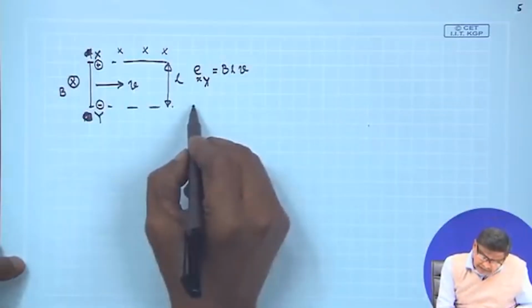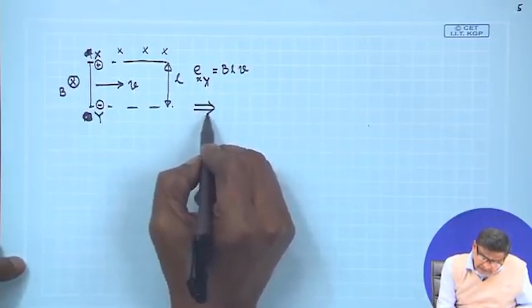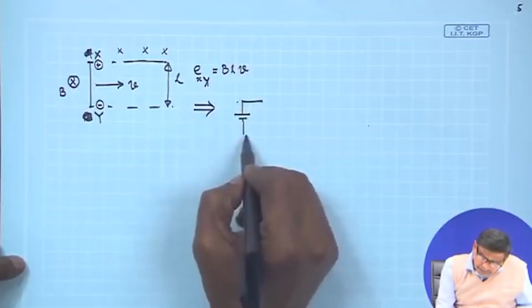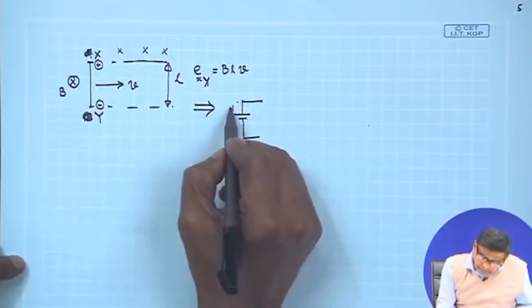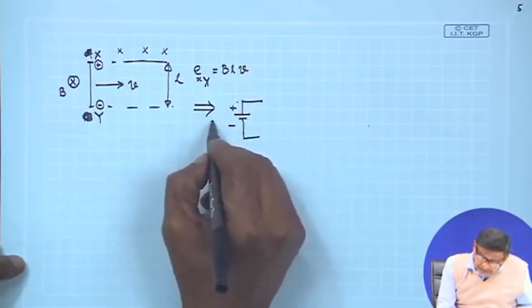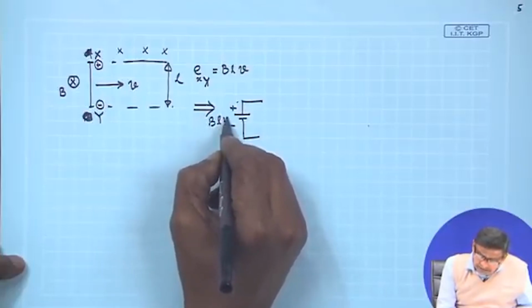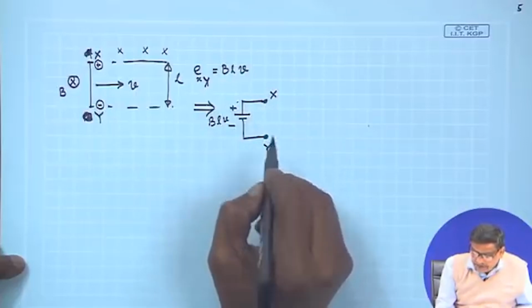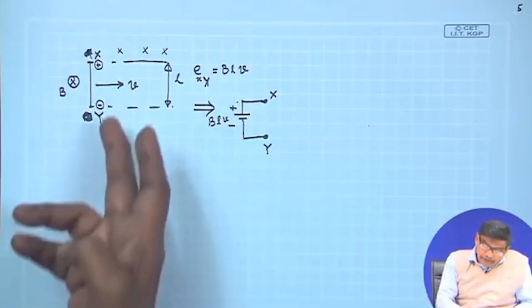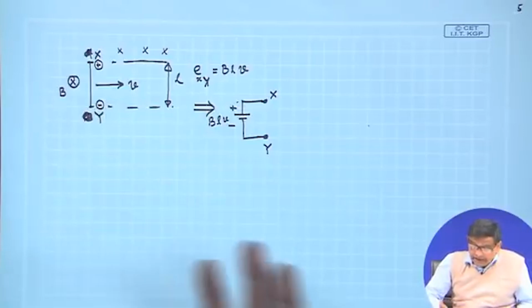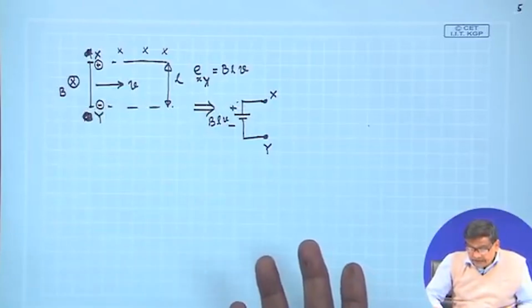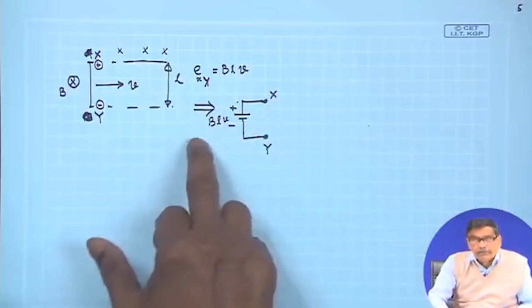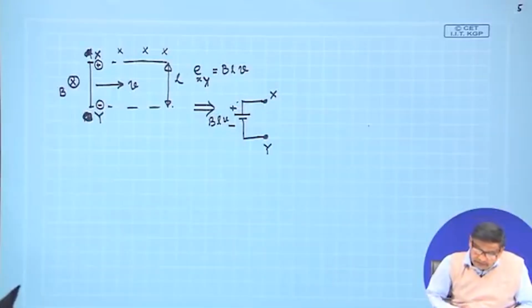And I can say that this is equivalent to as if there is a battery here, plus minus, the value of the voltage being BLV. This point is x, this point is y. That is what I mean to say. If velocity is constant and B is constant, it will be a constant DC voltage, the product of all these things.